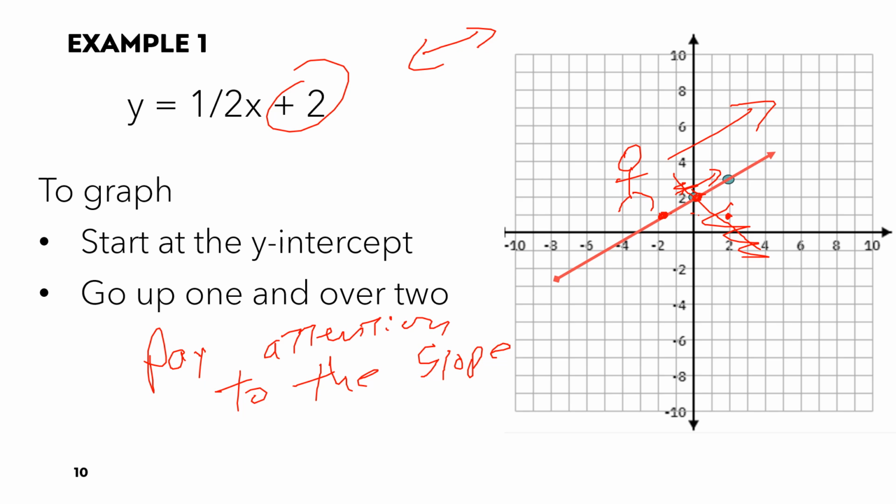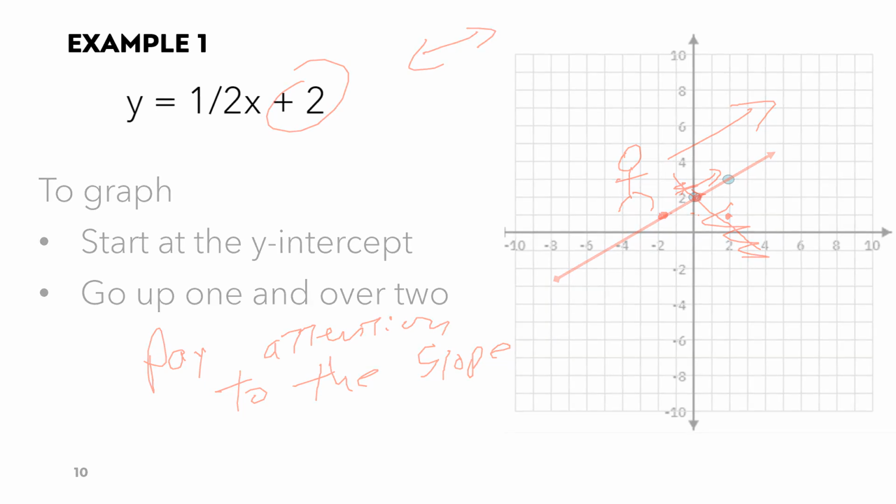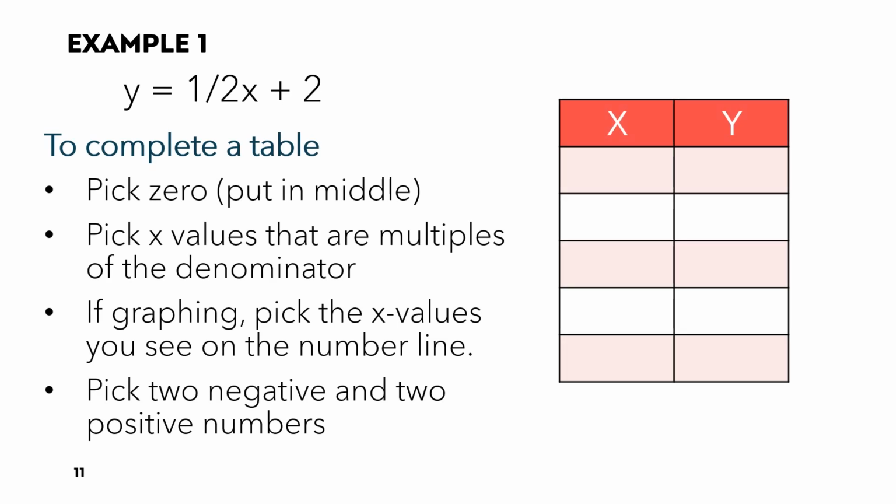So now let's look at a table. We can use this to create values in a table. What I like to do is pick 0. So you want to put 0 in the middle of our table, and these tables are designed so that you can easily put a 0 here.